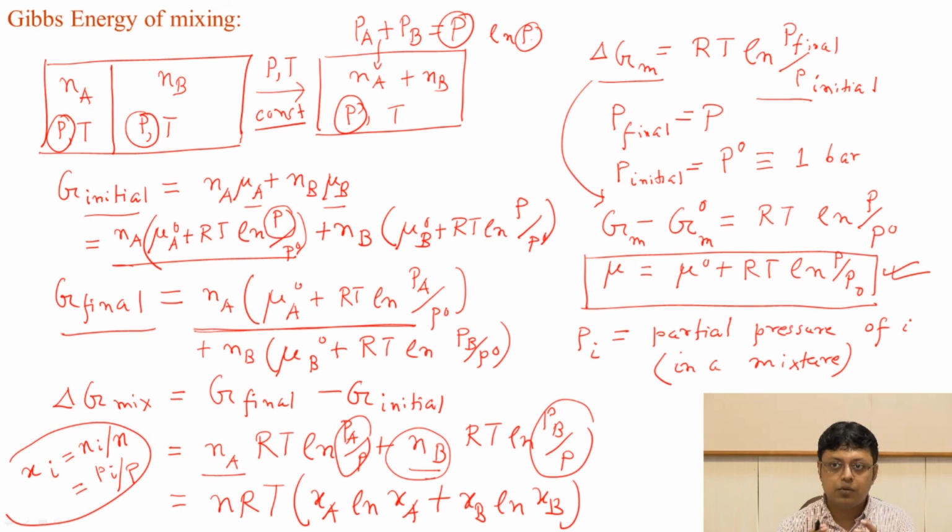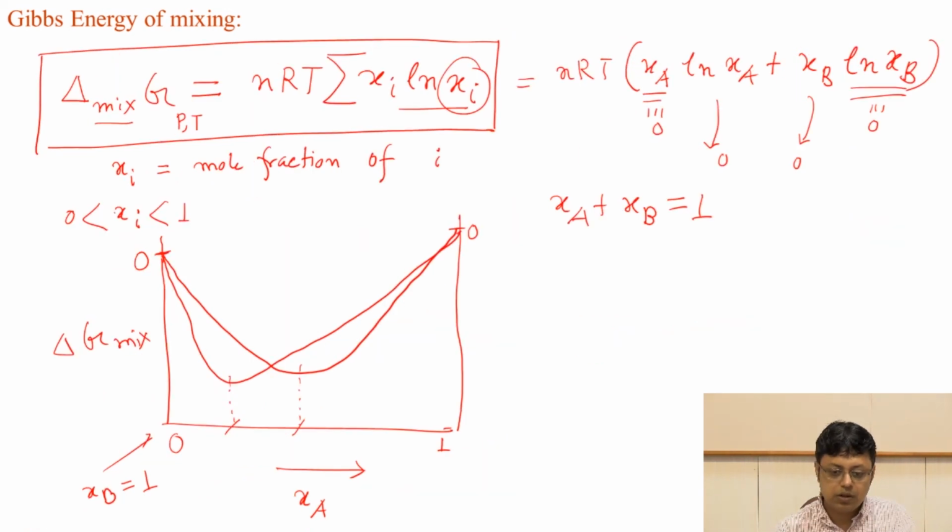So if we mix, the total pressure will not change. However, the partial pressure should change, and we used that fact, and we cleverly wrote the partial pressures in terms of mole fractions, as well as the moles of A and B in terms of mole fraction. And then we saw that the general equation for delta G mixing can be written as this.